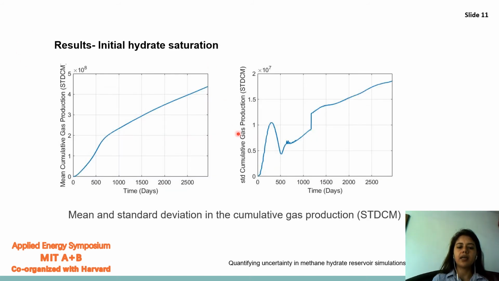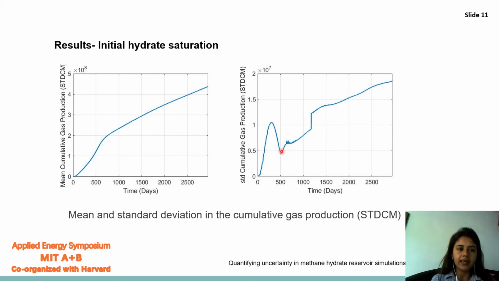The mean and standard deviation in the cumulative gas production due to uncertainty in initial hydrate saturation are shown here. Here the gas production is low before 500 days, where a peak is obtained in the standard deviation curve. As the gas production increases, the peak drops.